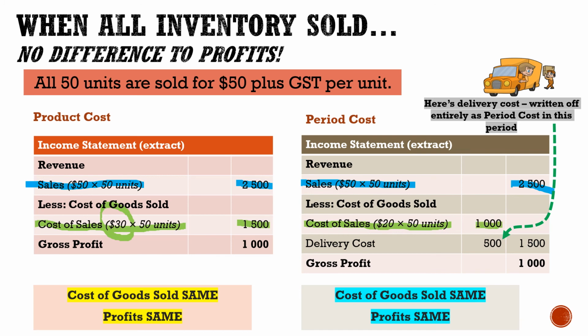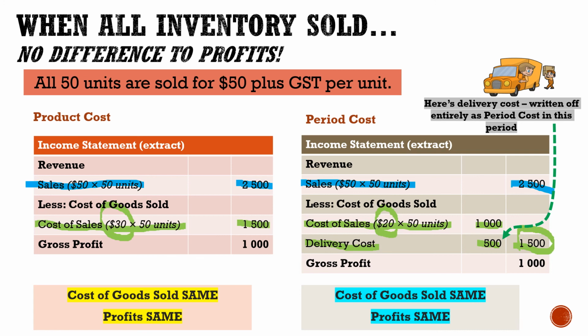And this $20 per unit excluded the delivery cost from the calculation of the per unit cost price. Instead, we can see here that the delivery expense has been written off entirely as period cost in this period. This gives us a total amount of $1,500 of cost of goods sold expense under the period cost method.